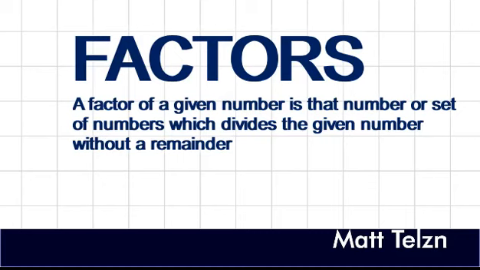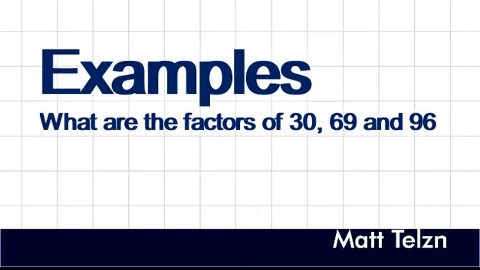A number is given. Now, what are the set of numbers that can divide the given number without a remainder? Such numbers are referred to as factors. So today we are going to solve more examples on factors.